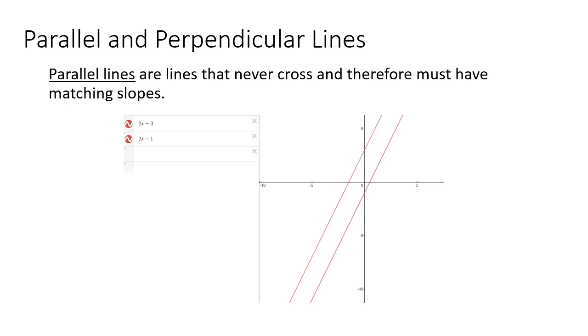In other words, they have to have matching slopes. In this picture, I graphed the lines y = 2x + 3 and y = 2x - 1. These are two lines with slope 2, right? M is 2 in both of these cases. Because they have the exact same slope, these lines are parallel with each other.